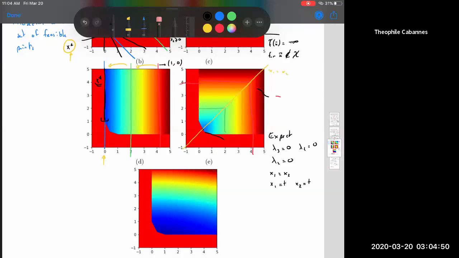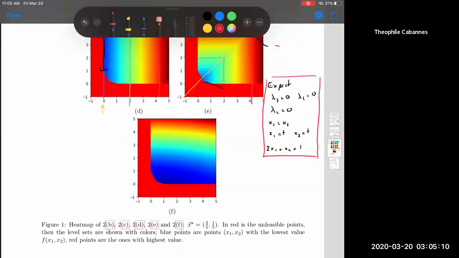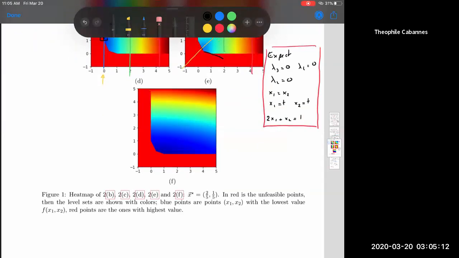And you expect that the last one is also active, so 2x1 plus x2 is equal to 1. So this is what you expect from the drawing. And if you solve this, we find x1 is equal to x2 is equal to t is equal to 1 divided by 3.